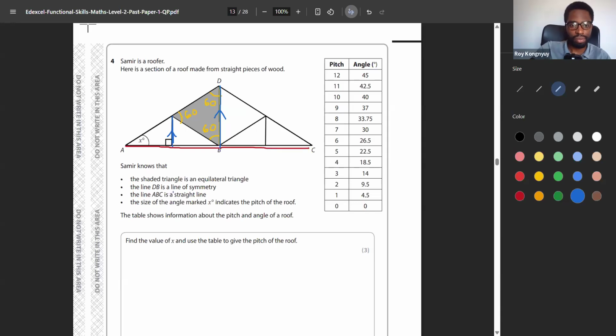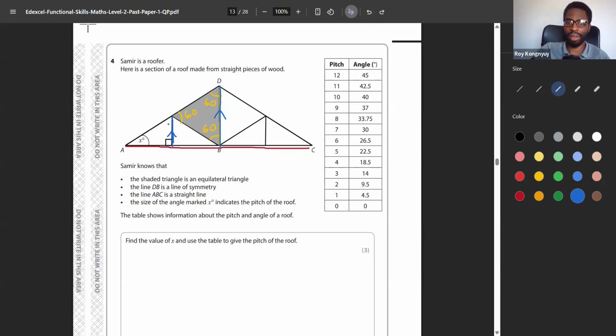We can be pretty much certain that AD is a straight line. This is a straight line. We're not told that explicitly, but it's a reasonable assumption. It's a reasonable thing to assume that AD is a straight line.